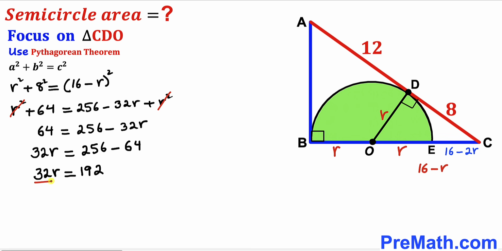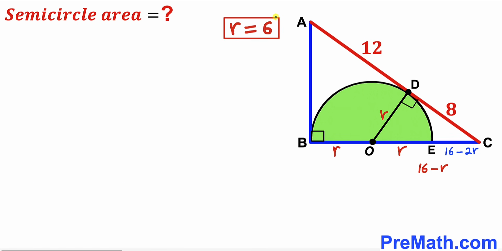Let's divide both sides by 32 to isolate the radius r. This 32 and 32 are gone, so our radius r turns out to be 6 units. Thus the radius r of this green semicircle is 6 units.